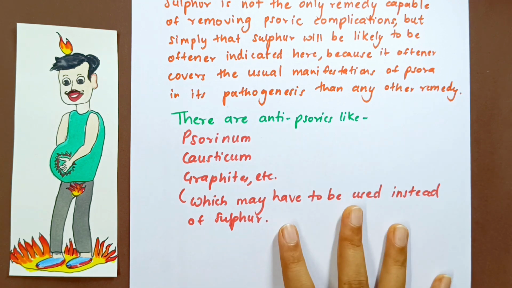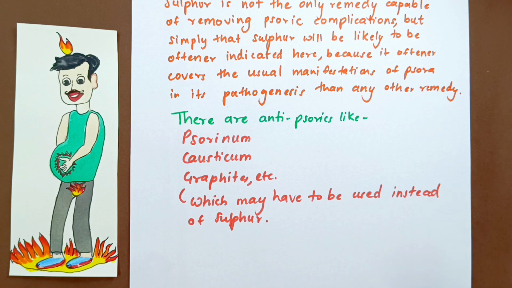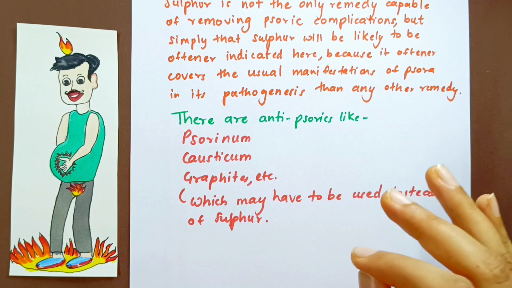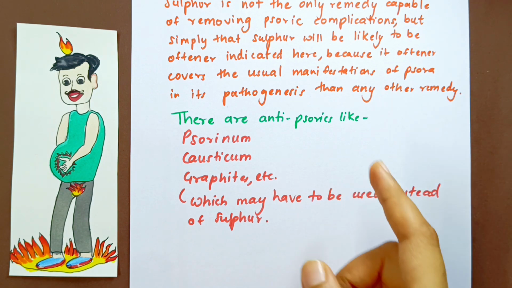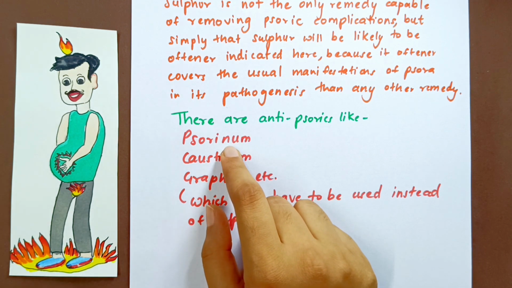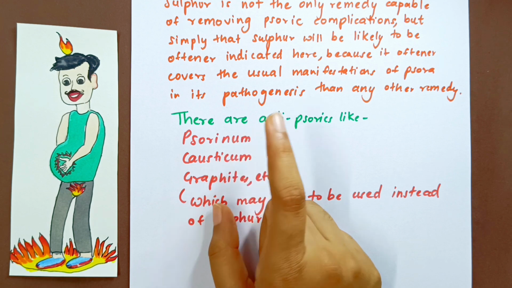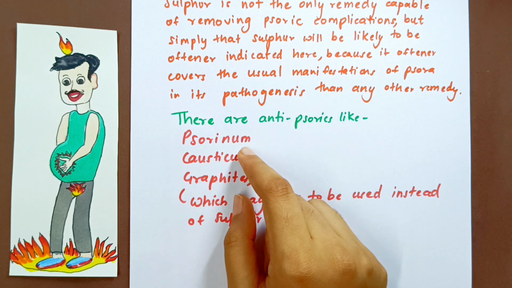Right? So if a patient with an acute condition comes to you, and the same thing happens which we have talked about right now, the same concept, that you give the indicated remedy but it does not help, then you might need Psorinum. Maybe your patient is extremely chilly and pessimistic, very chilly, very pessimistic, then you can think of Psorinum as an antipsoric remedy for him or her.